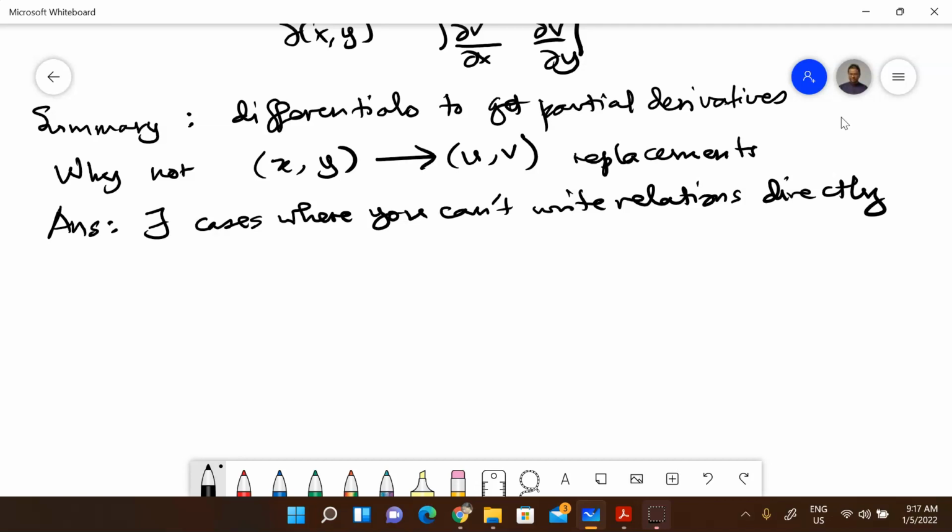Let me just write down the example now. The example here is the first example from the book. You are given this kind of equation, which is a quadratic equation.